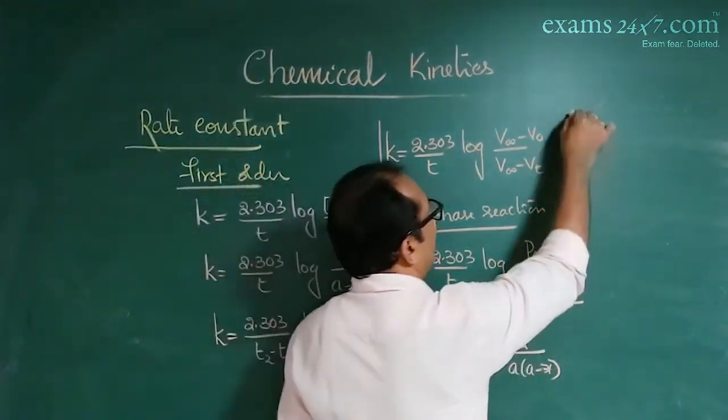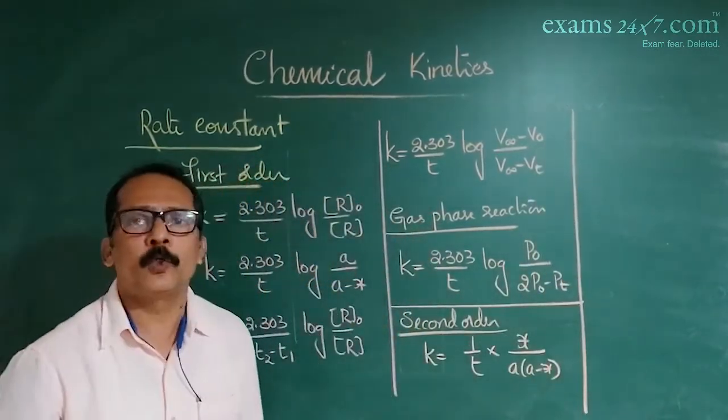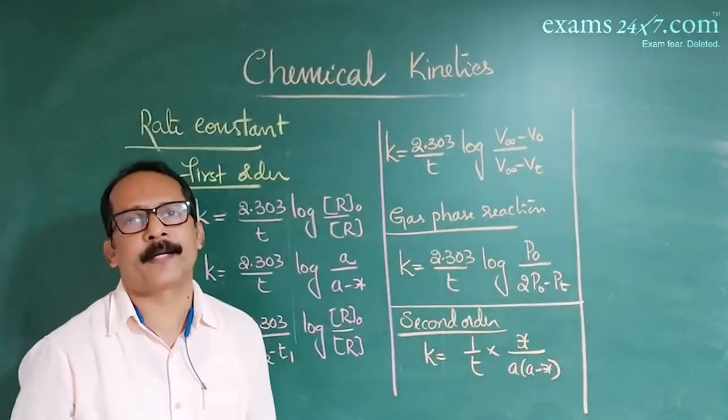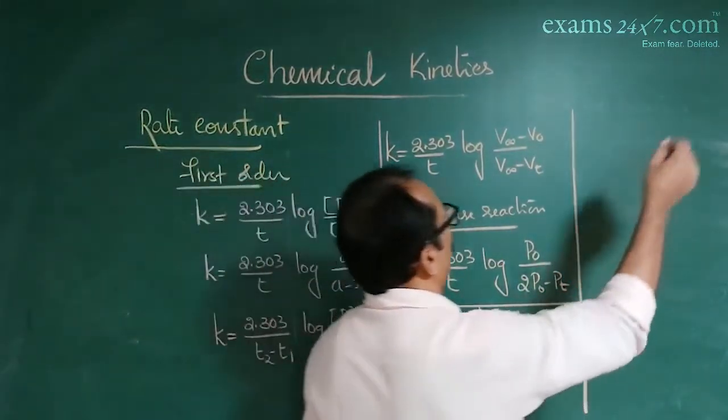In general, to predict the rate constant of a different reaction, we can go like this.